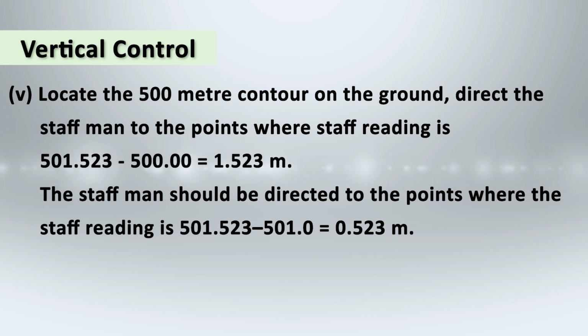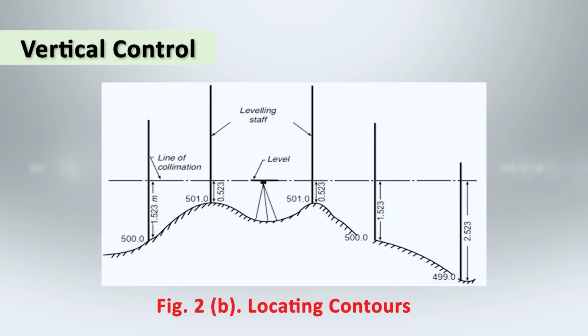0.523 meter. It may be noted that from this setting of the level, 502 meter contour cannot be located as the elevation of the line of collimation is only 501.523 meter as shown in figure number 1b.